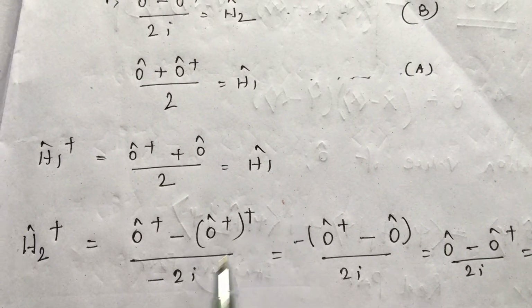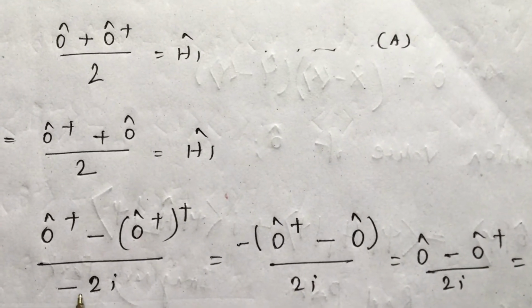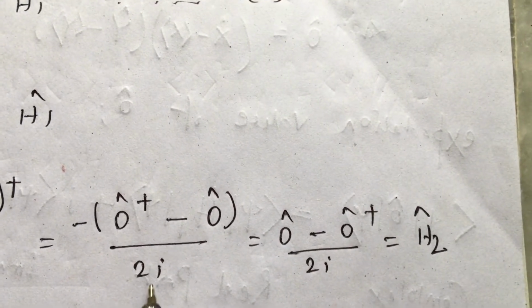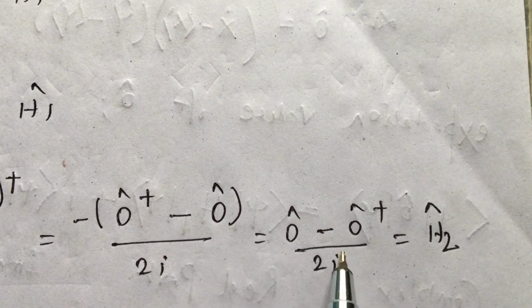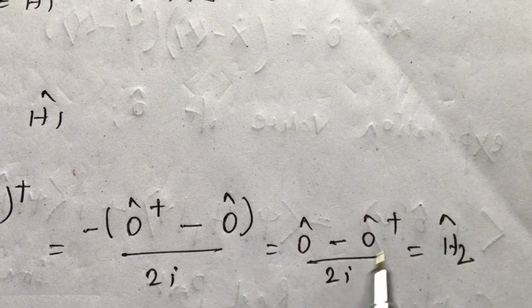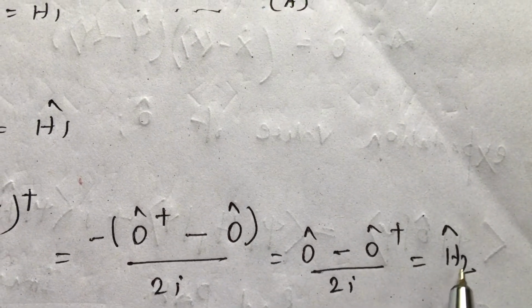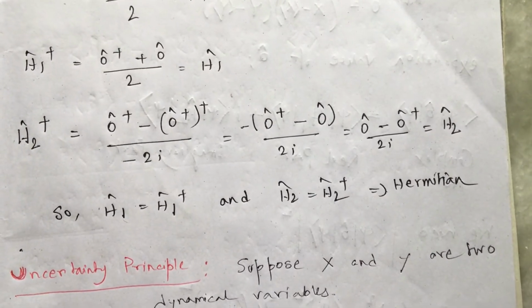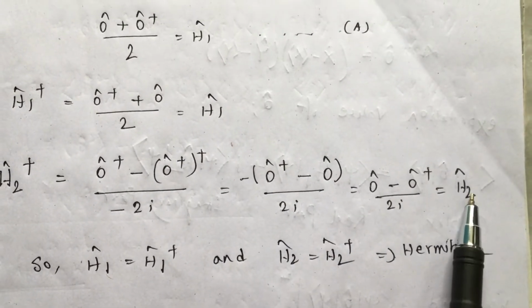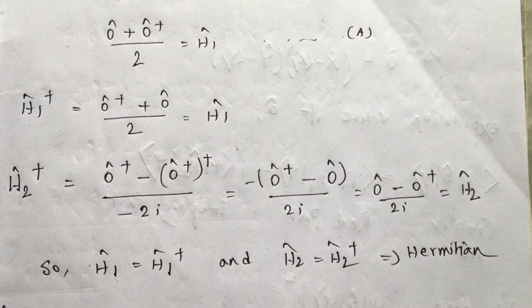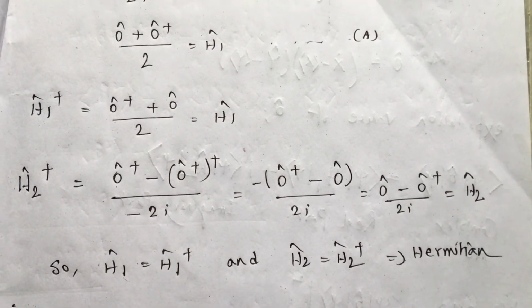The dagger will go out, and there is a minus 2i in the denominator, and I can write this also as O minus O dagger divided by twice i, which is nothing but H2. So I have also shown that H2 dagger is equal to H2. So H1 and H2, these two are Hermitian operators. These are made by construction.